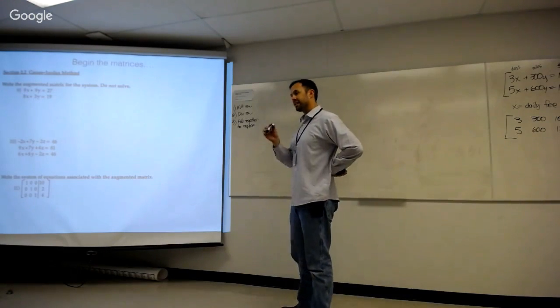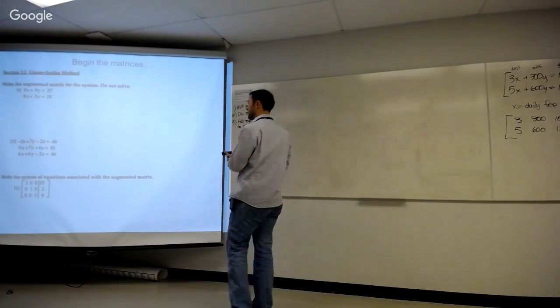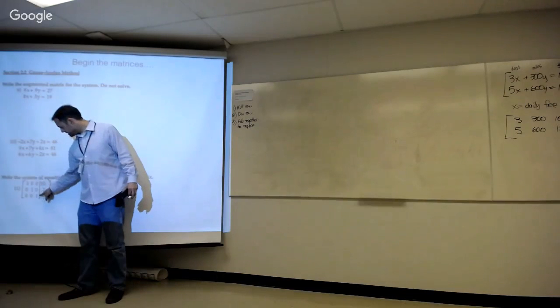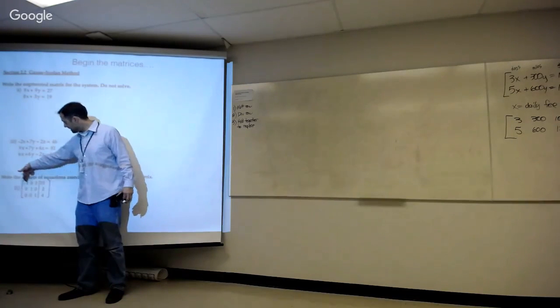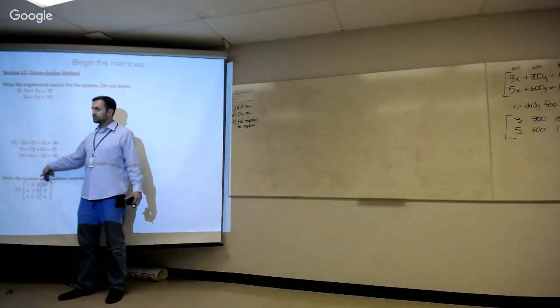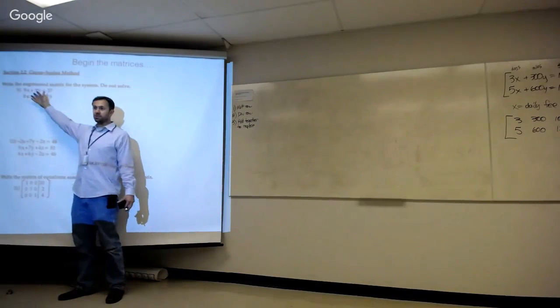Just writing it, yeah. When is this augmented, does that mean putting the vertical line or no? Well, by all means you can if you like. See, like folks, they put that line right there. I suppose they mean augmented by that because you have the x, y, z variables and then the constants that it's equal to. For our sake, augmented matrix is just what we've been doing all along.